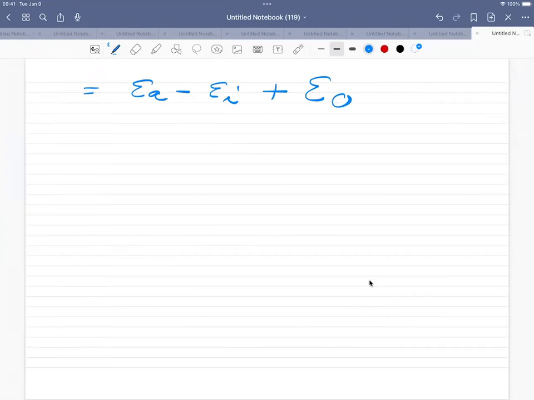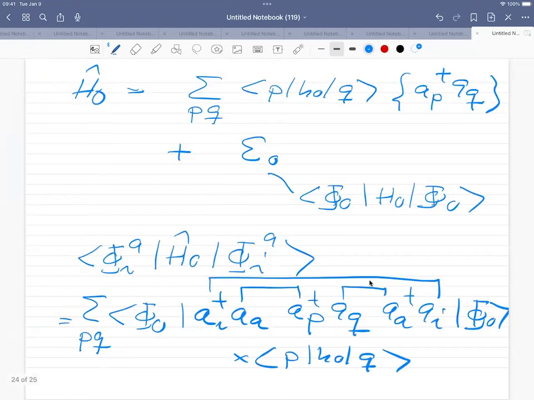So introducing this new vacuum with a normal ordering with respect to the vacuum introduces a term which is just the expectation value of the energy operator in the new vacuum state. But then we get additional terms.